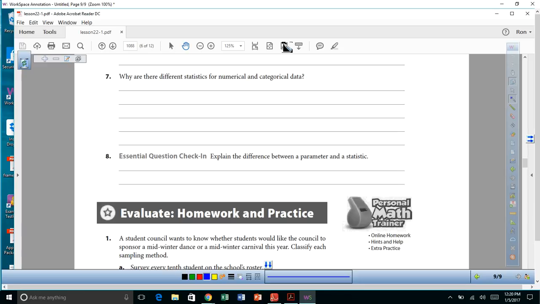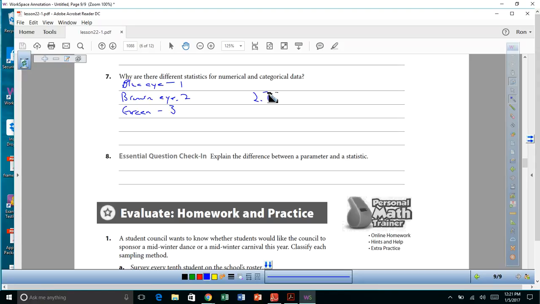Same thing. Let's say we let blue eyes be 1. We'll code that as a 1, and brown eyes as a 2, and green eyes as a 3. So we do that for each student in here, then we add them all up and divide by the number of students, and we get something like 2.7. Well, what sense does that make?